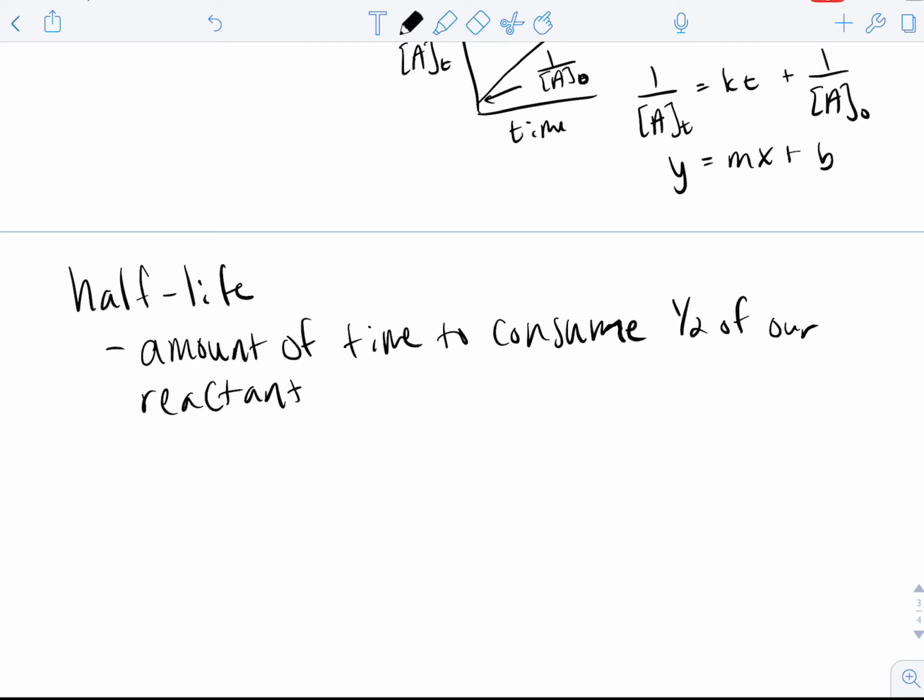Basically how long it takes for half of the reactant to be converted into product. Okay. So our half-life itself is related to our rate constant because they both basically tell us the speed of the reaction.